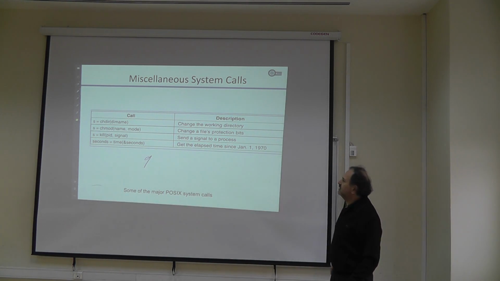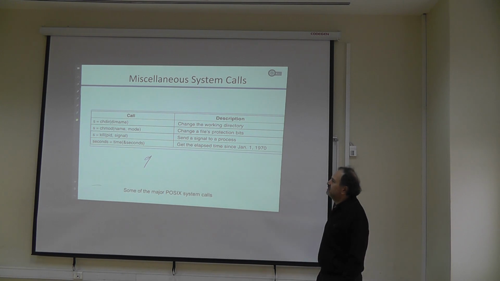If you send this signal to a process, that process will be killed by the operating system if that process doesn't know how to handle that signal. If you want to communicate with the process using signals with numbers, then you can use this.